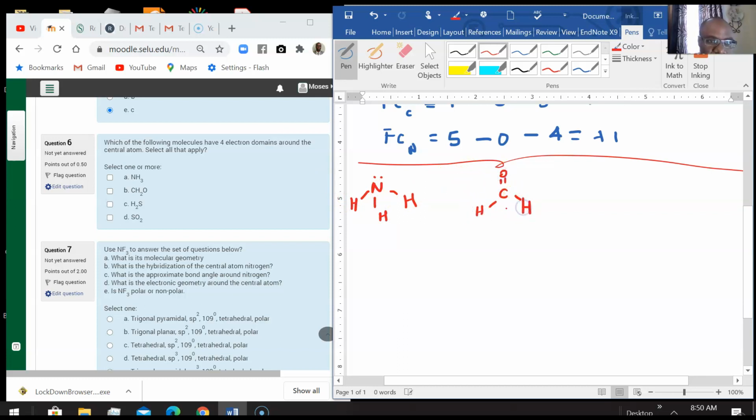That will be the structure of B. So this is your A, this is your B, according to what I'm looking at. And then for dihydrogen sulfide, this will be the Lewis structure. And then for sulfur dioxide, it's a neutral molecule, that will be the Lewis structure.